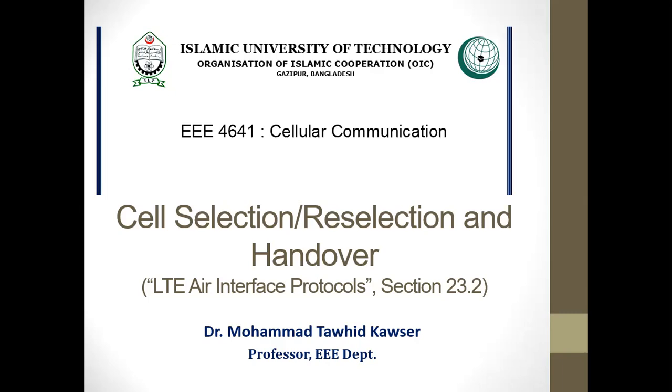When you move to a new area and find that the cell you selected before is now weaker compared to the signal strength from this new base station, then you forget the old one and reselect. That is cell reselection. Both cell selection and cell reselection take place in RRC idle mode.